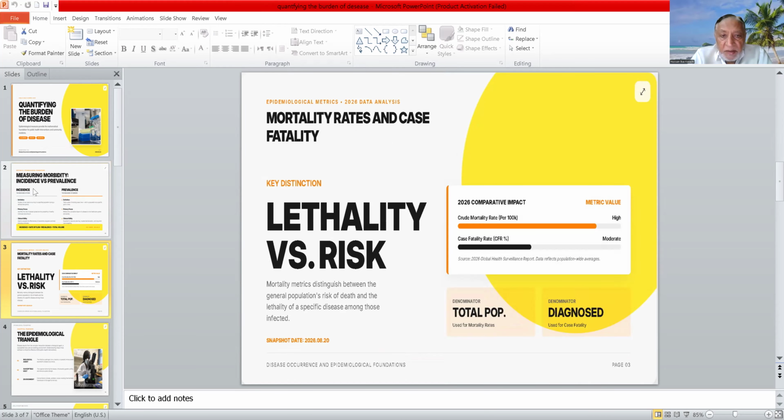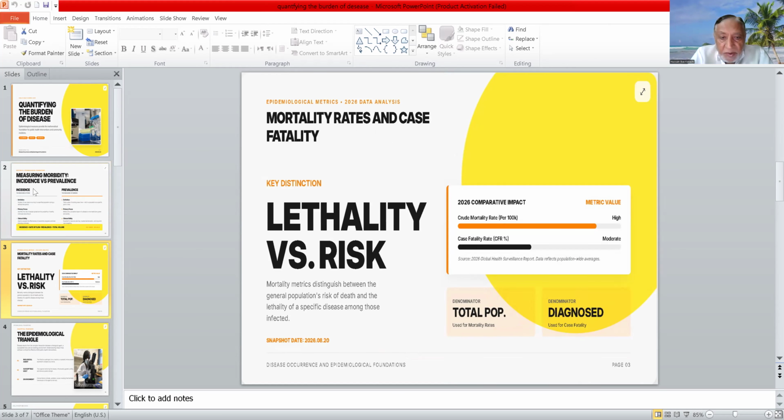Mortality rates and case fatality rates are two other measures of disease occurrence. Mortality means lethality, and case fatality means how much is the risk of death.